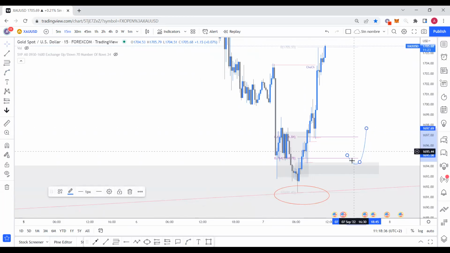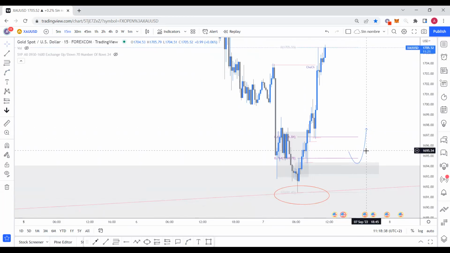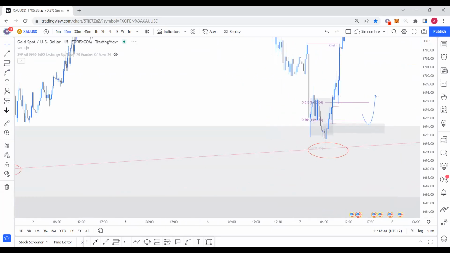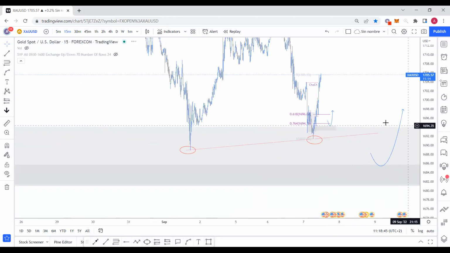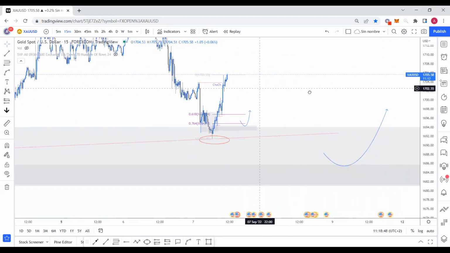So we could have this as a first buy, and the zone below could be our counter buy in case price doesn't respect this zone, okay?